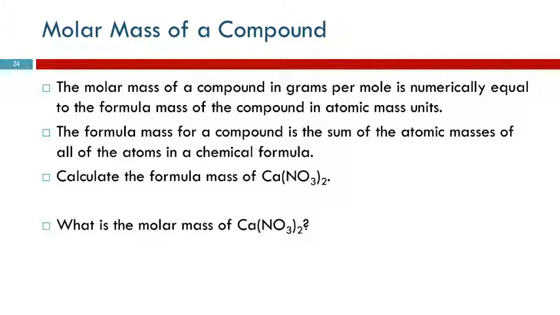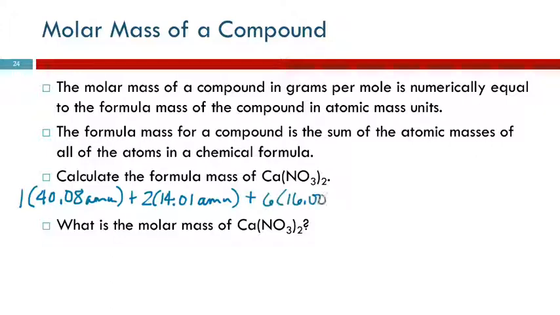So let's calculate the formula mass of calcium nitrate. We have 1 calcium atom. How many nitrogen atoms? 2. And how many oxygen atoms? 6. So we need these values off the periodic table. Calcium was 40.08, so 1 times 40.08 atomic mass units, and 2 nitrogens, 2 times the atomic mass of nitrogen, plus 6 atoms of oxygen.